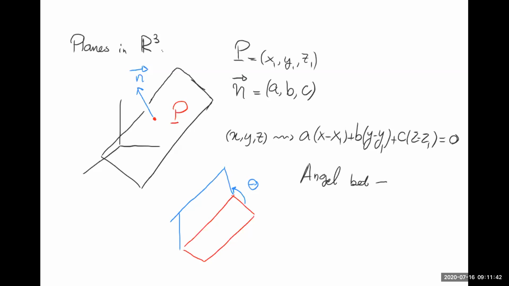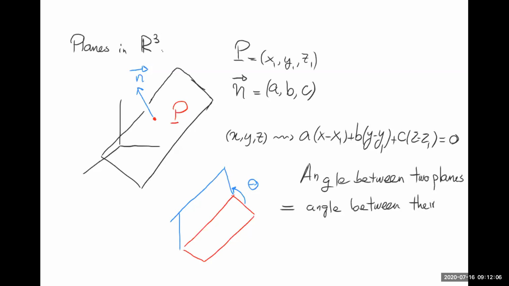Now, the idea is that the angle between two planes is equal to the angle between their normal vectors.